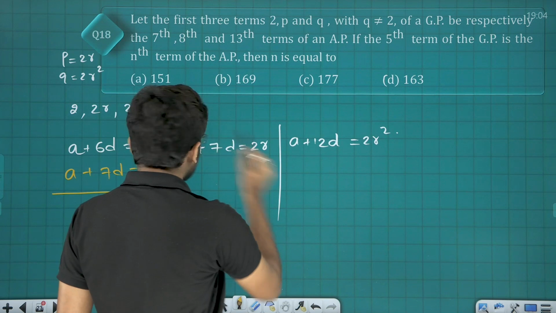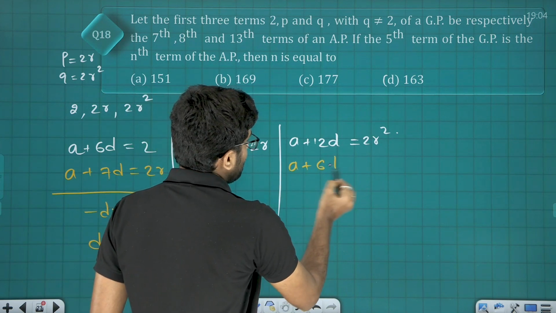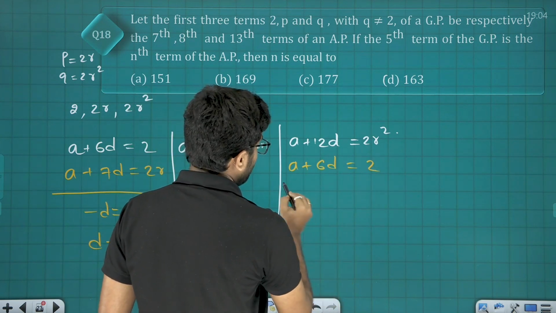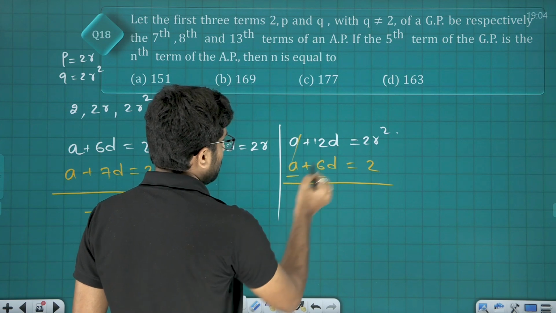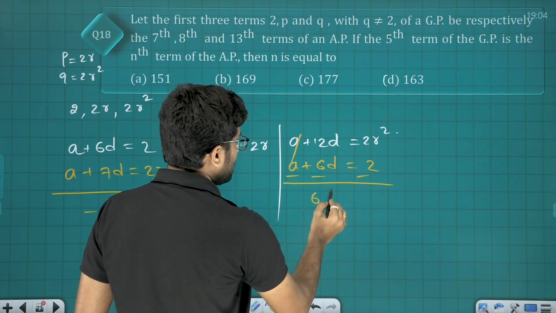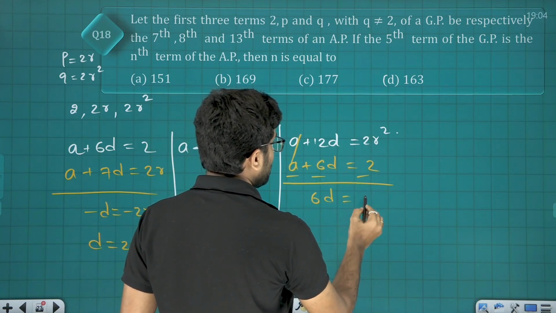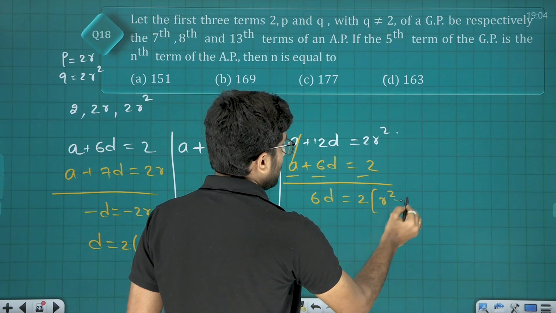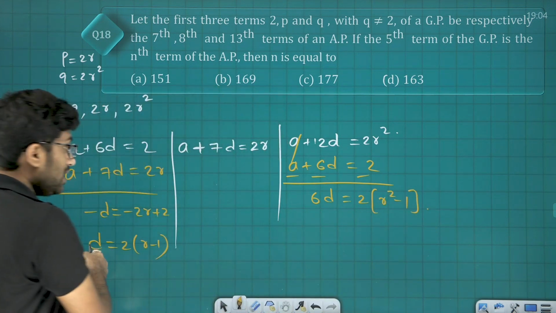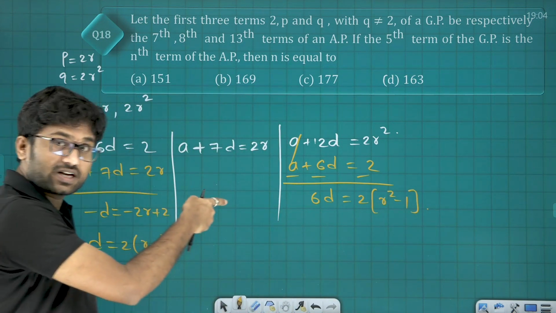Again, let's solve these two also. a plus 6d is equal to how much? 2. Subtract them. So 12d minus 6d, that is 6d, equals 2r square minus 2. 2 common, r square minus 1. From here, d is 2 times r minus 1. Now let's substitute here.